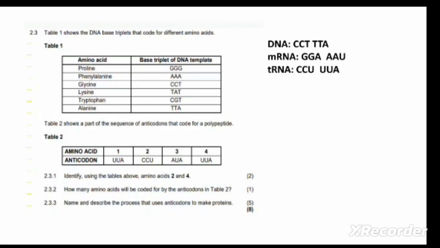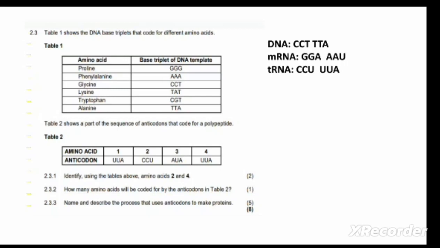UUA: U pairs with A, U pairs with A, A pairs with U. Now let's go to DNA. A pairs with T, A pairs with T, U pairs with A. So we have TTA. Let's look for TTA on the table. It's alanine. So the answer there is 2 glycine, 4 alanine.